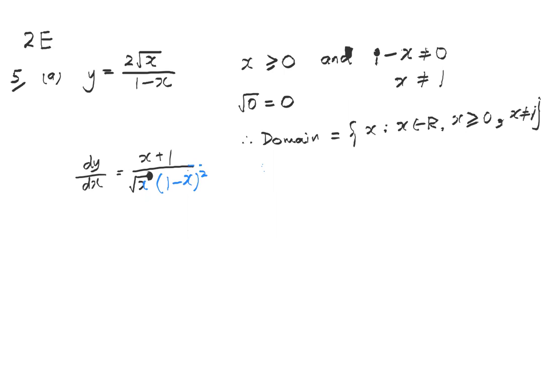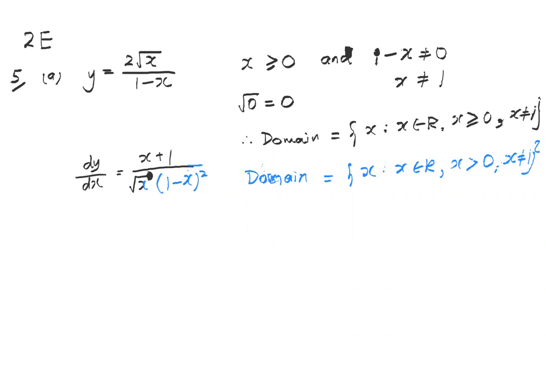So the domain for dy/dx is almost the same. But because the square root is now at the bottom, so I put x is a member of the real numbers, and x must be greater than 0, and x cannot be equal to 1.